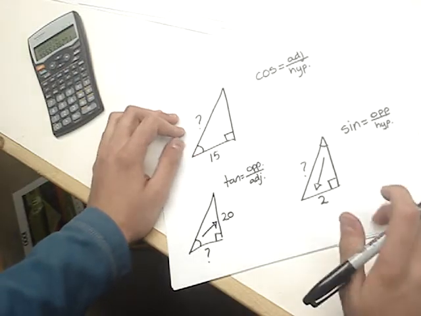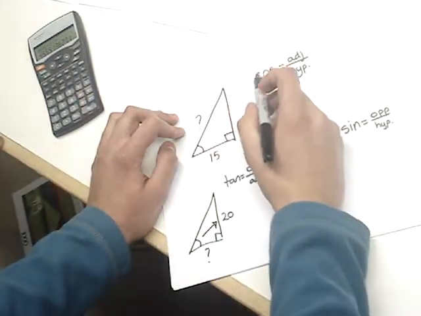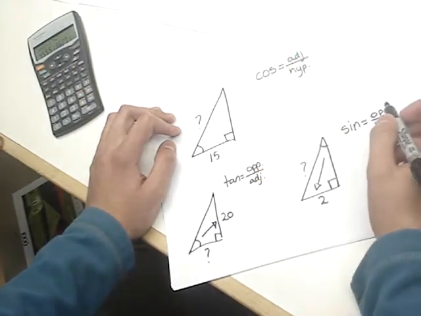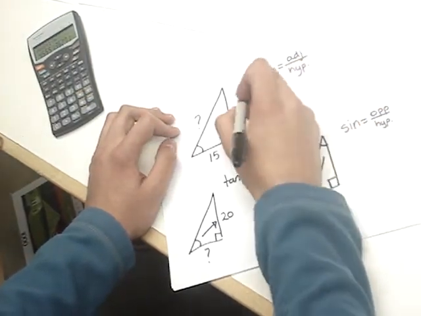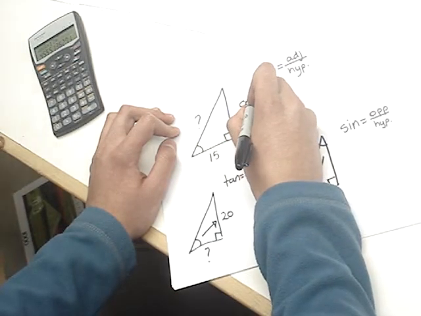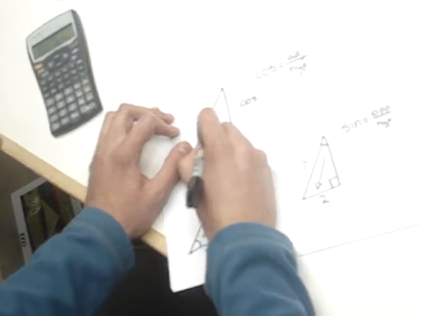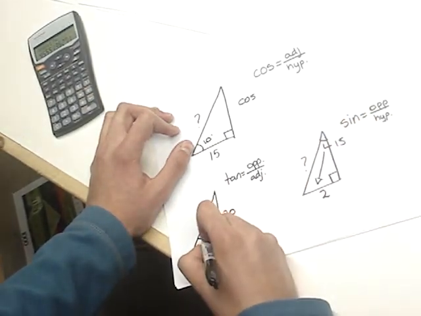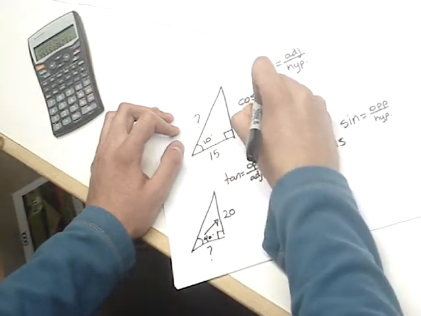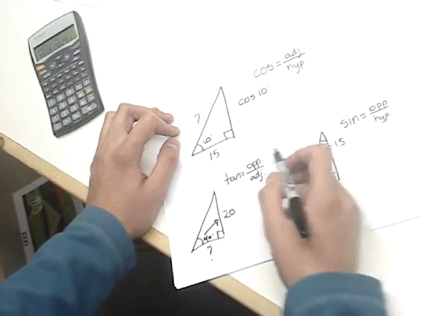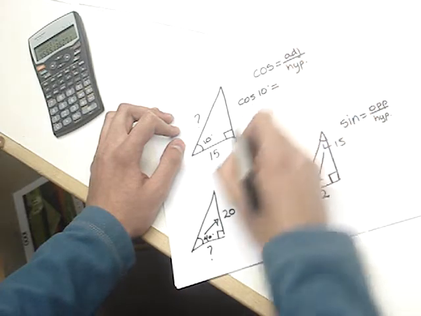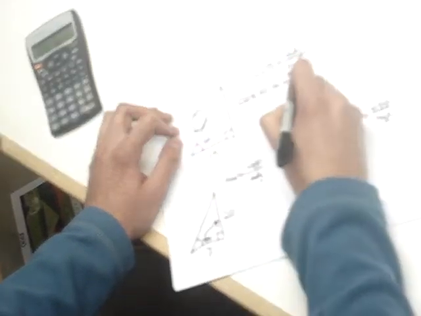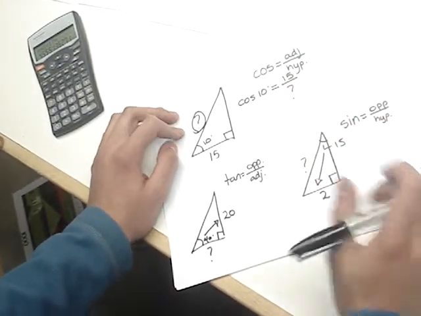Alright, so now we are using the cosine ratio. Oh sorry, I forgot to give degrees to these angles, so 15 and let's say 40. Okay, so cosine of 10, because that's the degree of the angle, equals adjacent 15 over hypotenuse. Uh-oh, what do we do?